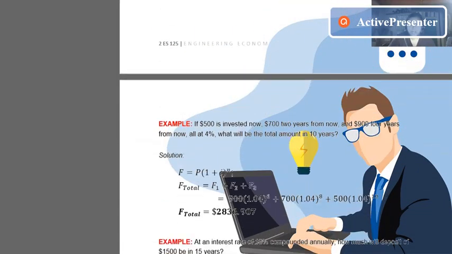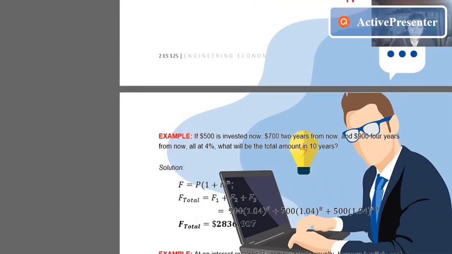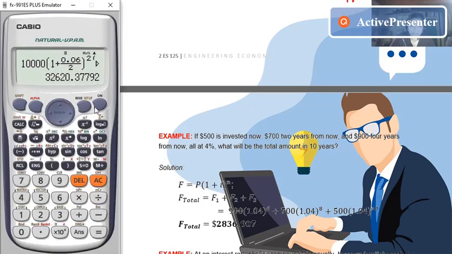So, for our second example, let's try another example. If $500 is invested now, $700 2 years from now, and $900 4 years from now, all at 4%, what will be the total amount in 10 years? So, in the problem, we can see that no mode of interest was given.